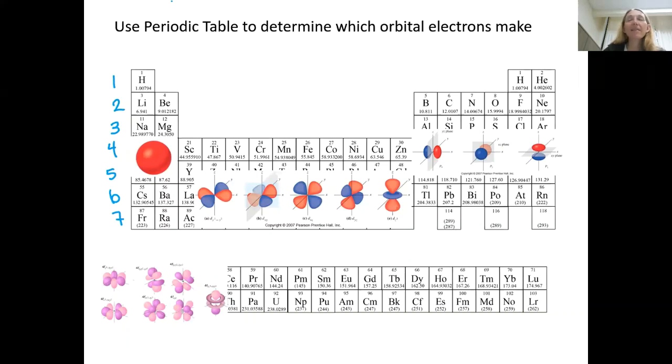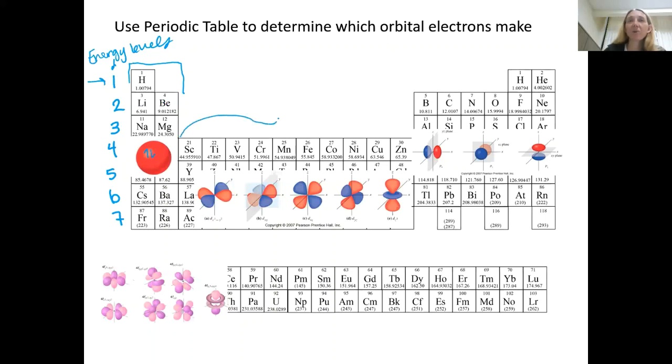And so the way that I can easily think about where the electrons are is I'm going to use the periodic table. Okay, so remember we've got our energy levels here. So this line right here is my first energy level. And I've got my second, third, fourth. Okay, now in this, these first 2 represent my s orbitals. Okay, and s orbitals can have 2 electrons. And there's 2 boxes.